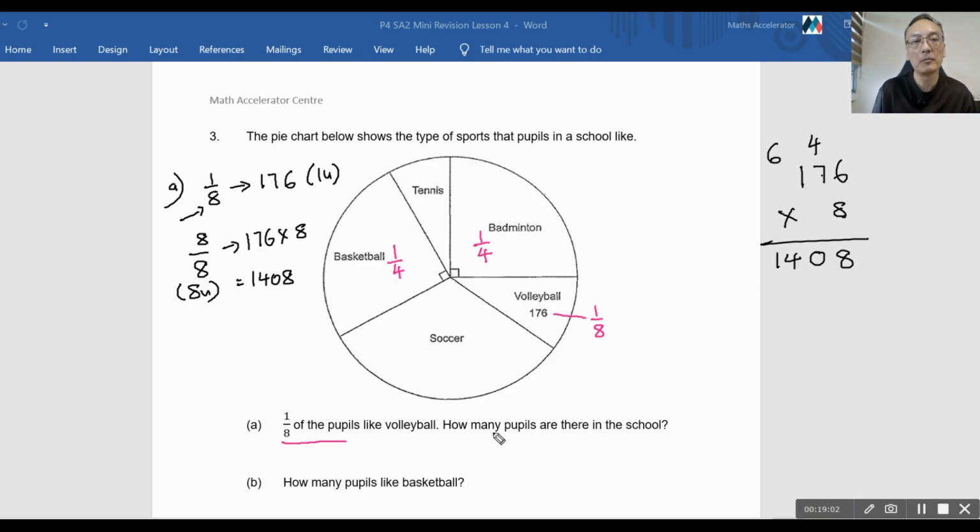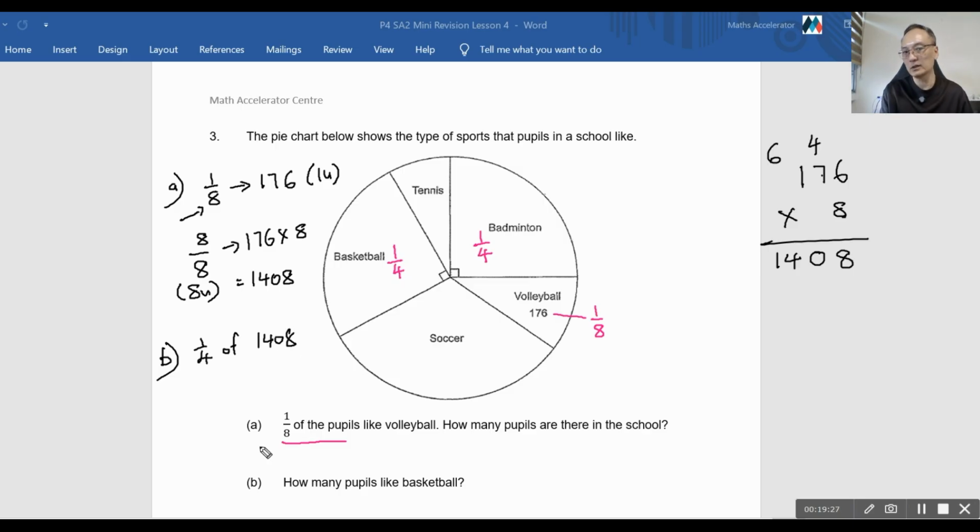Next, part B, how many pupils like basketball? Let's see. Basketball is 1/4. Okay, we're looking for 1/4 of 1408. So let's write here 1/4 of the total of 1408.